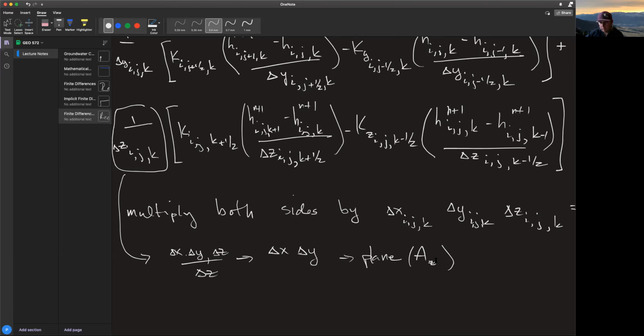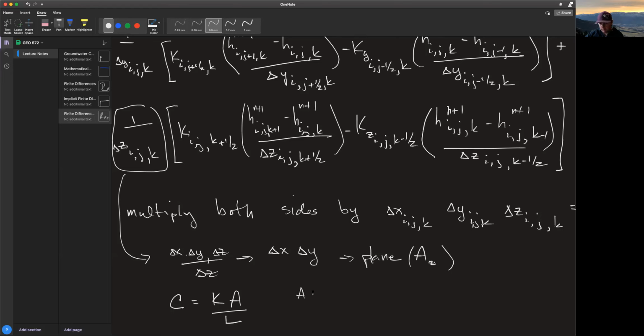Now let's introduce a couple other terms. These are MODFLOW terms, all right? And we're going to call the conductance of a cell, C, equal to K, the average hydraulic conductivity between two cells, times the area in the direction of flow, divided by the distance between the two cell centers, all right?